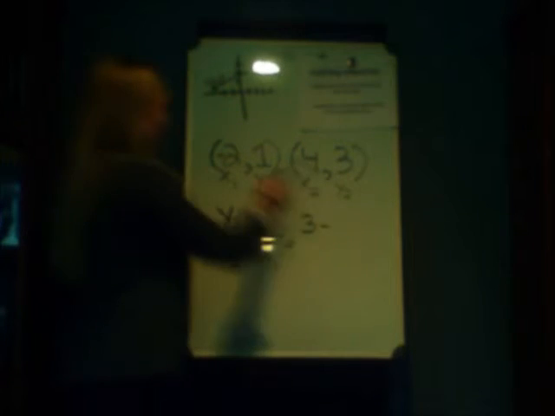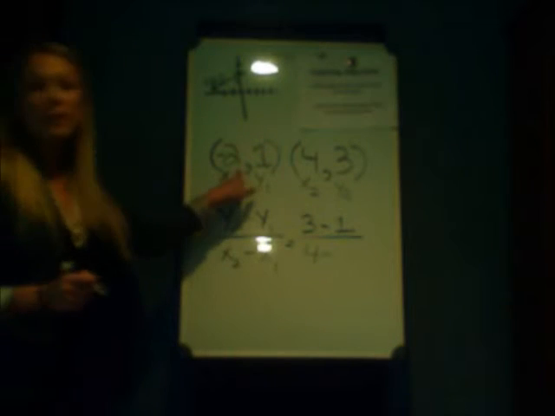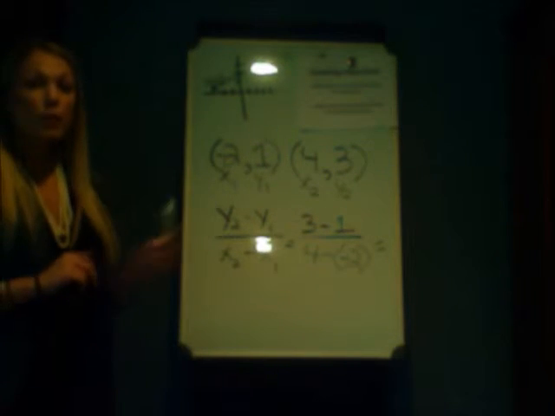So, our y2 is going to be 3, minus our y1, which is 1, all over x2, which is 4, minus x1, which is -2. So all we have to do now is solve this to find the slope of this line based on our 2 points.